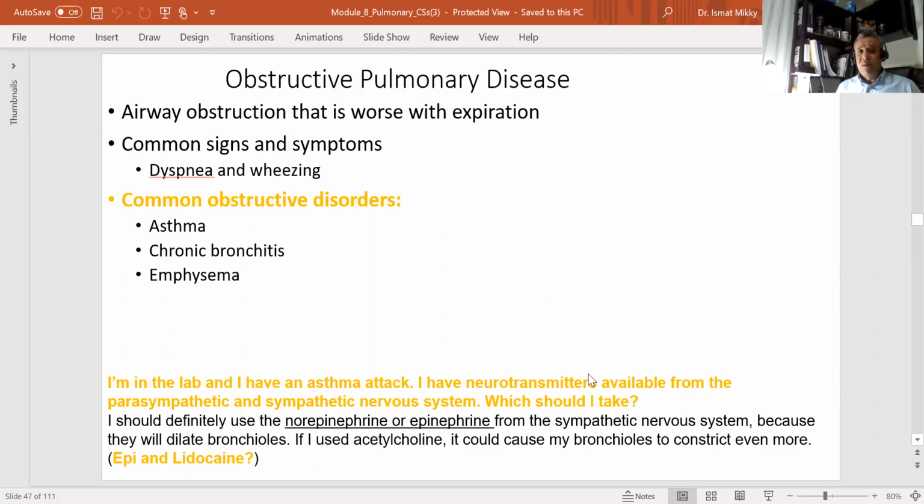In other words, the pathophysiology of asthma is different from the pathophysiology of COPD, which would include chronic bronchitis and emphysema. And just remember from previous chapters that asthma is triggered by the IgE antibodies. So it has an allergic type of reaction, type 1 hypersensitivity reaction.